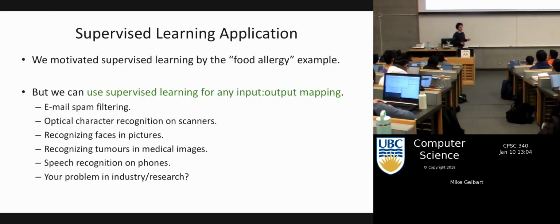Character recognition, faces, cameras, Facebook, speech recognition, all that kind of stuff. So it's a very common situation that you have these input-output pairs. For speech recognition, it would mean you have a corpus of audio clips with the correct transcription, and you want to learn from that to do speech recognition on new samples.